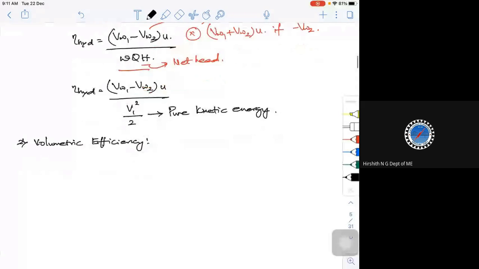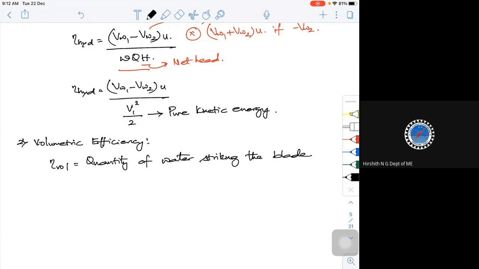It is nothing but the quantity of fluid, quantity of water, striking the blade or vane, to the amount of fluid entering the turbine.